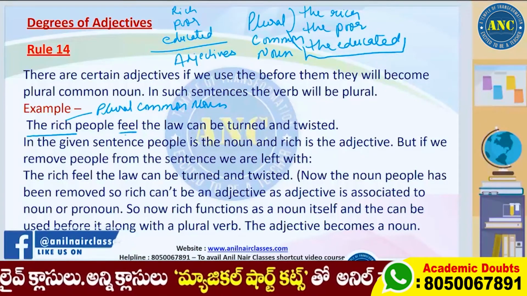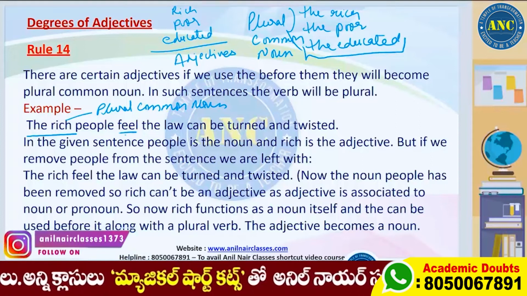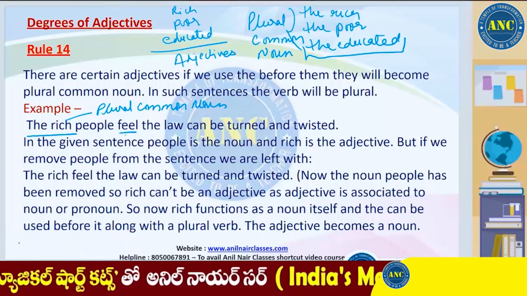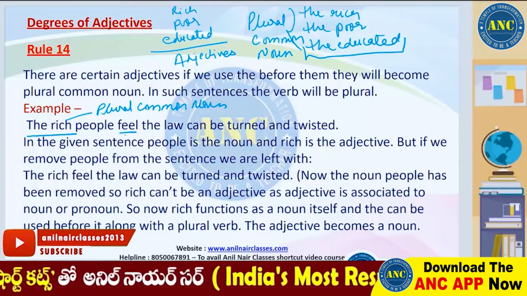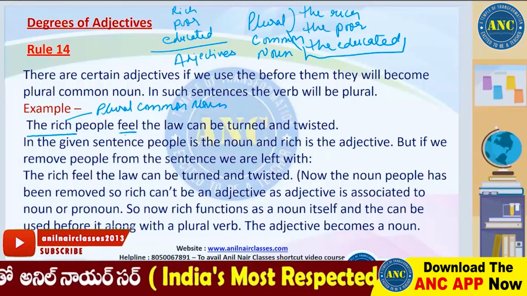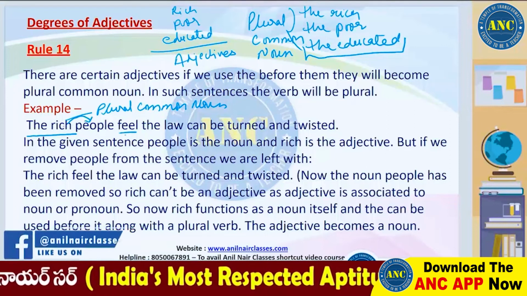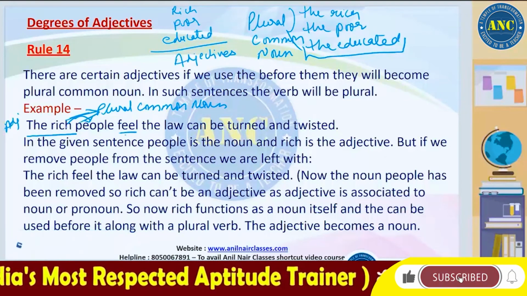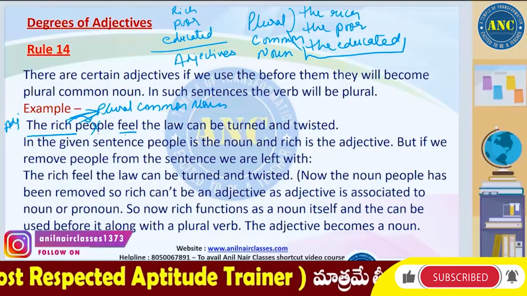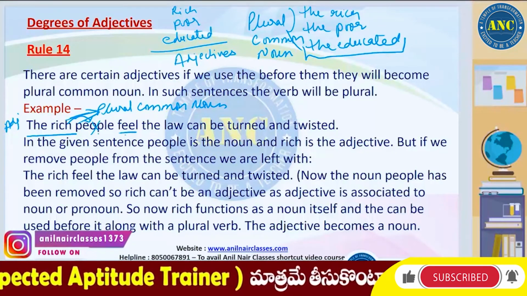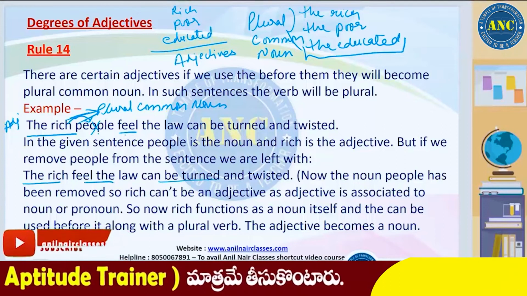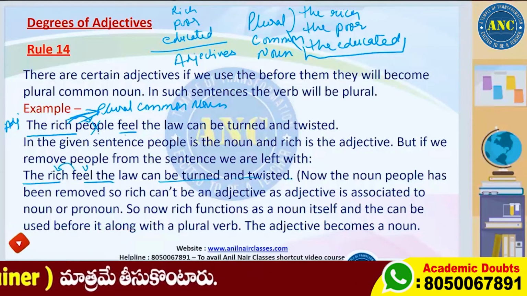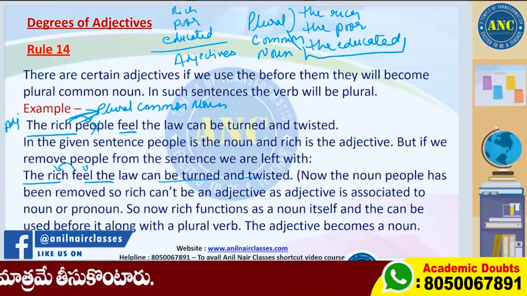So if you remove the word people, how can it function? See, in the rich people, the rich is telling something more about people, so it's an adjective. But how can this act as a plural common noun? You remove people and you just say, the rich feel the law can be turned and twisted. Now feel is the verb, who feels? The rich feel. So that time the rich is a plural common noun and it takes the verb feel.